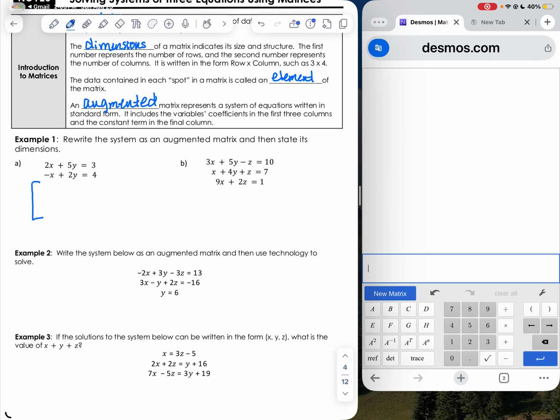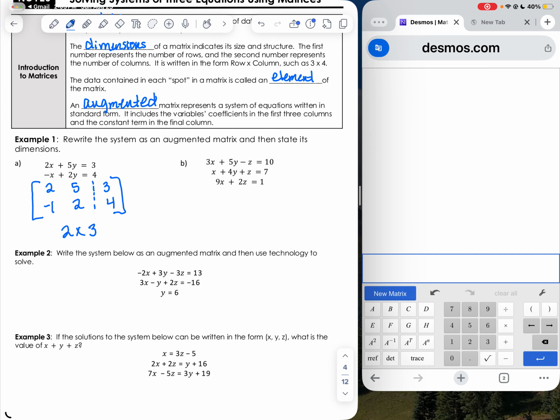And then in the top row, we use our coefficients of x and y, 2 and 5, and then our constant term, 3. For the bottom row, our coefficients are -1 and 2. Our constant term is 4. And then we draw a little line to separate the coefficients from the constants. And this is said to be a 2 by 3 matrix because it has 2 rows and 3 columns.